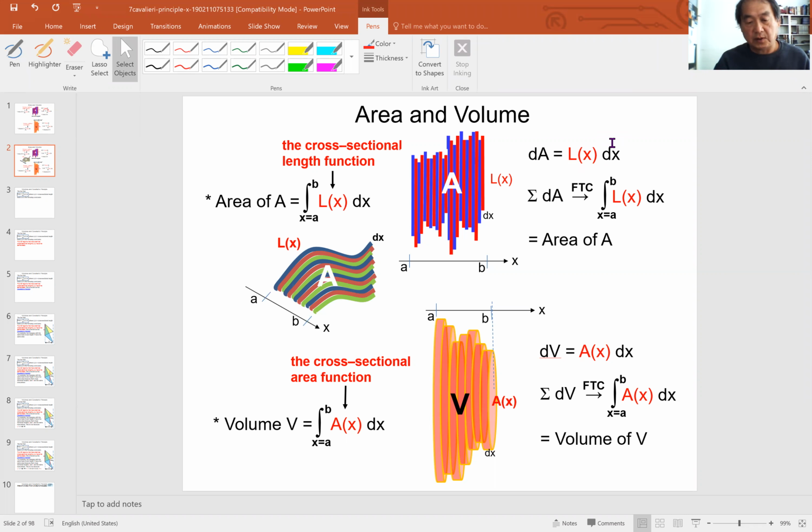I could have a shape like that, and if I can keep track of the length in each of the strips along the side, times dx, that will be approximately the area of each strip, and I add the strips together. So the approach doesn't need straight lines. It could be wavy curves, as long as I can trace the length of those curves. And we're going to apply this principle to volumes.